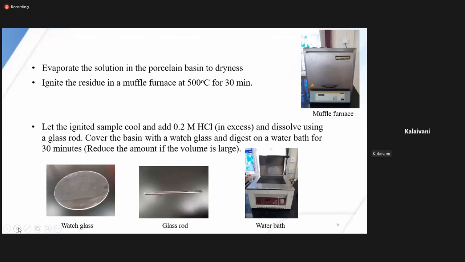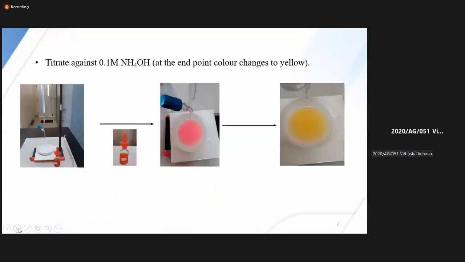The color change at the endpoint is yellow, with ammonium hydroxide, right? Okay, very good. Thank you, 051. I hope you are all clear about the procedure. Do you have any doubts?